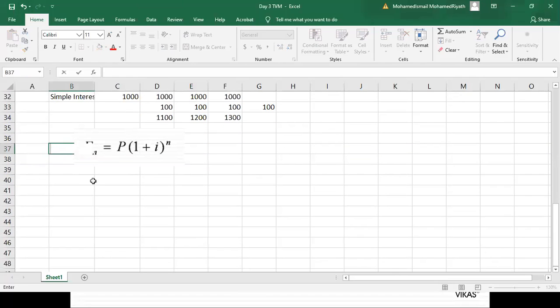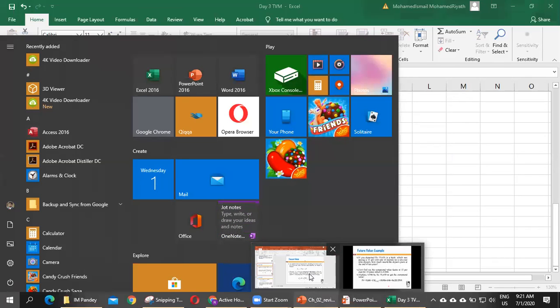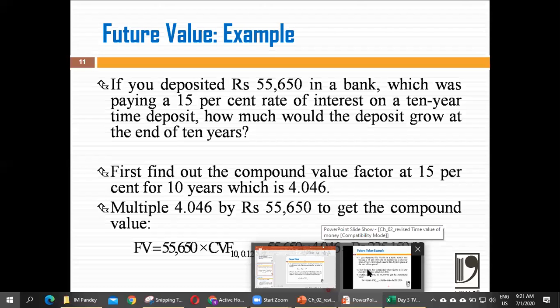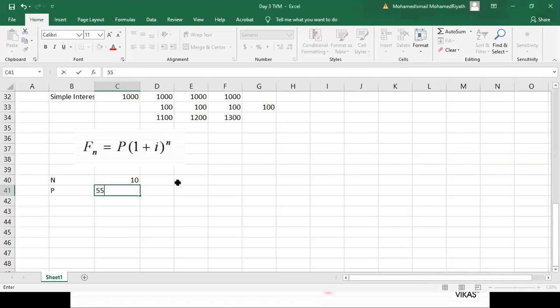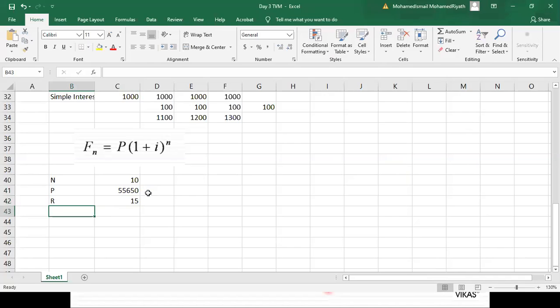So future value Fn, future value N. In this example, N equals 10 years. Principal amount is 55,650 rupees. Rate of interest 15%. Right? Now we will apply this formula.